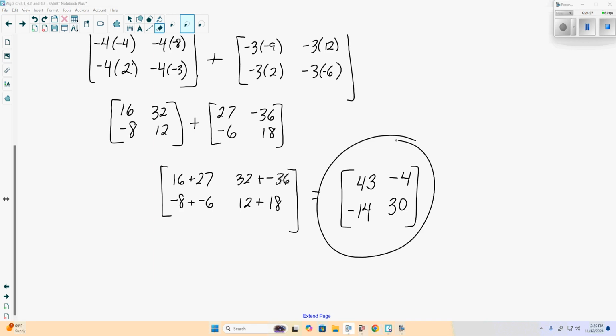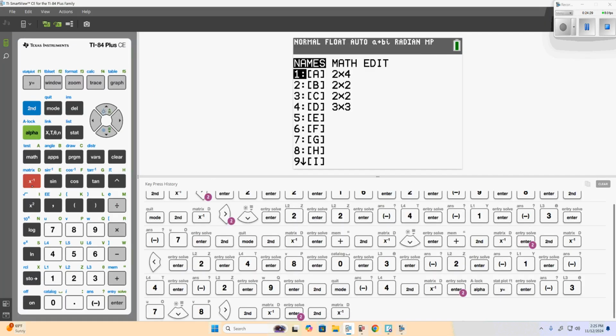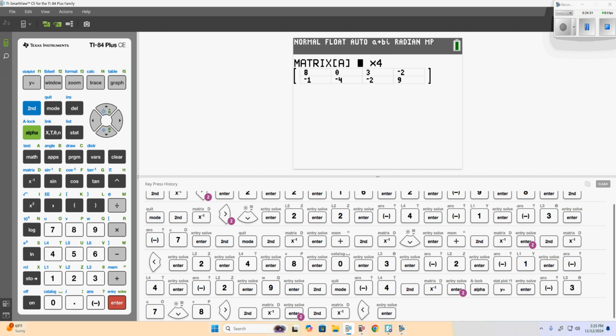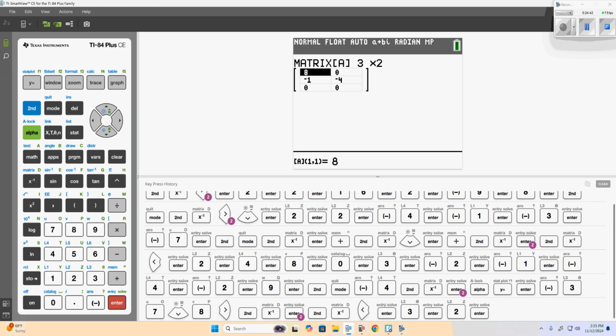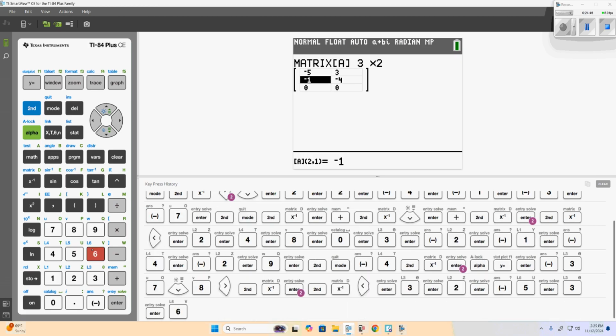Yeah. So in the calculator, the first thing we need to do is go over and edit. Do we want to do the one we just did or the next one? So we're going to plug in A. Now A, our first matrix, is a 3 by 2. So we say negative 5, 3, 6, 2, well, 6.